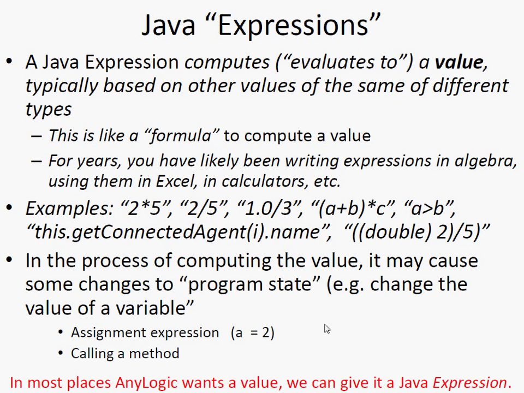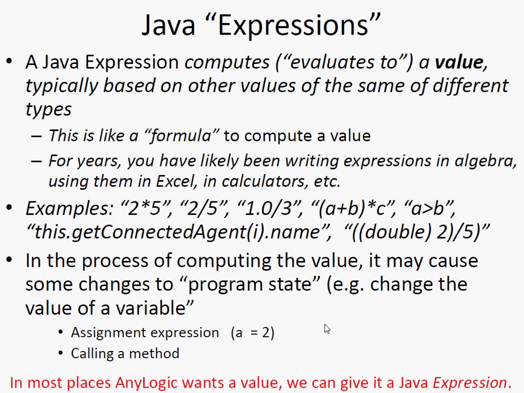So this, get my connected agent number i, starting at 0, 1, 2, 3. So maybe it's connected agent 3. So that's the 0, 1, 2, 3rd. So that's the 4th overall agent because it starts from 0. It refers to a particular person. Maybe that person is Aiden. Then I ask Aiden's name.